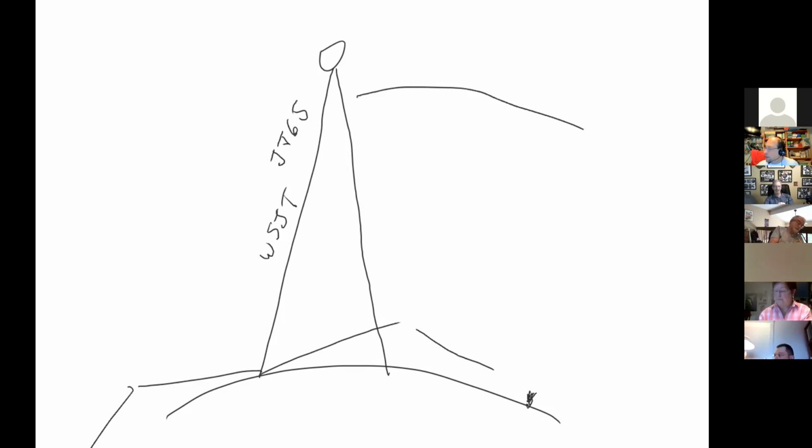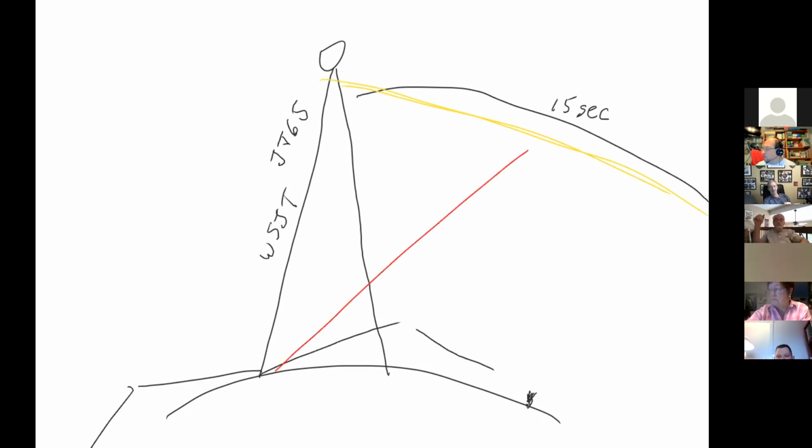The other thing is that if you change the signals so that the data rate is very high, you might have a 15-second meteor trail that's made as it shoots through the sky. This is an ionized path. If you can send the data really fast, you can send a signal up, it bounces off a meteor trail and bounces back down.